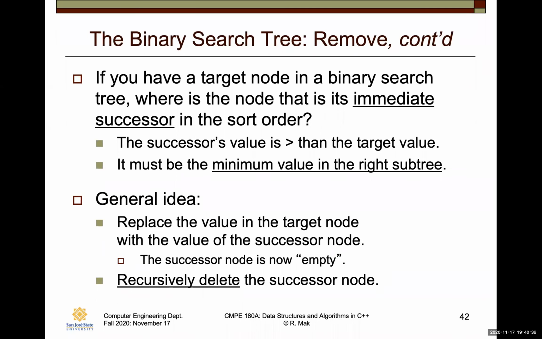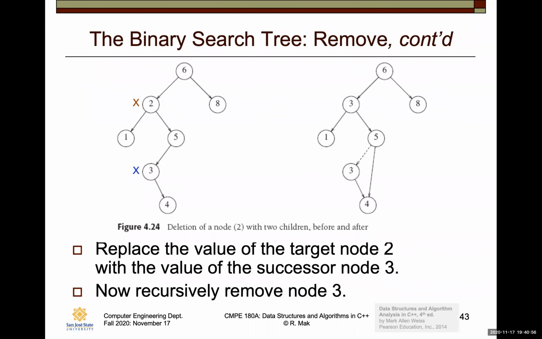We get the value of that successor, we replace the value of the node that we're trying to remove with the value of the successor, and then we recursively delete the successor. Let's see how that works. Here we are with our binary search tree.